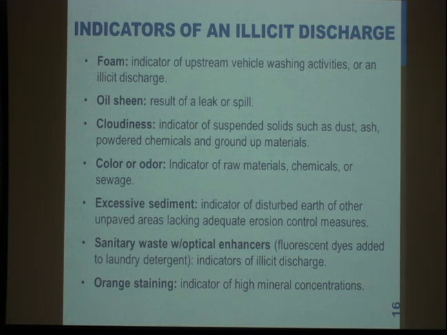So what are the indicators of illicit discharge? These are the things that you probably want to look out for, and we do have some pictures. We have foam. Foam indicates that there may be some vehicle washing activities or an illicit discharge, maybe a washing machine discharging. Sometimes houses might have two sewer connections, and maybe just the washing machine is hooked up to the back of the house and goes near a stream.